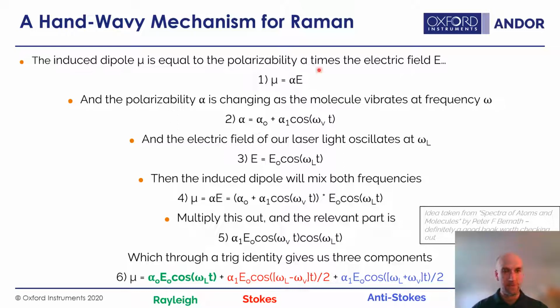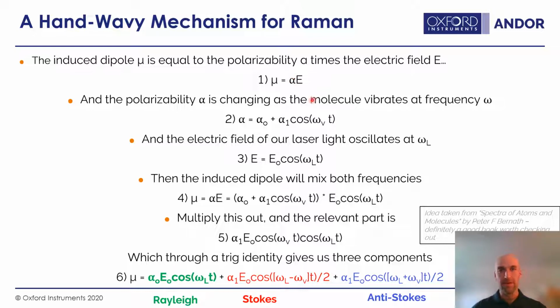So the induced dipole mu on the molecule is equal to the polarizability alpha times the electric field E. Don't think that this is representing anything more than what I just said. We're saying there's a dipole mu, we're quantifying the strength of that dipole, and we're saying it's proportional to alpha, the polarizability, times the electric field.